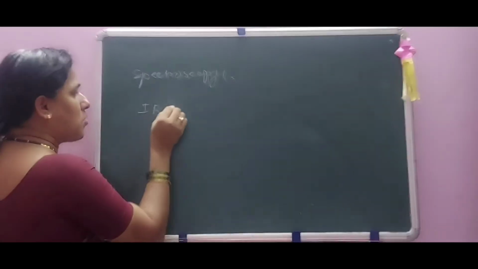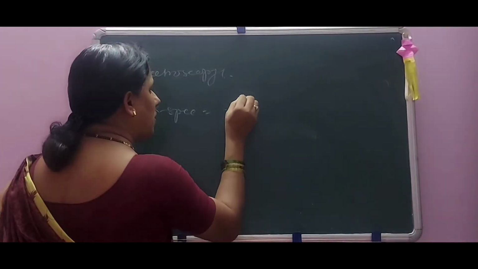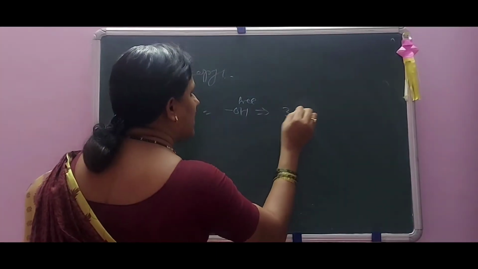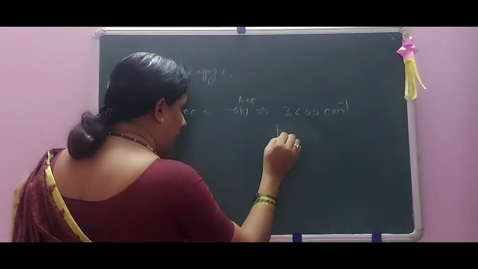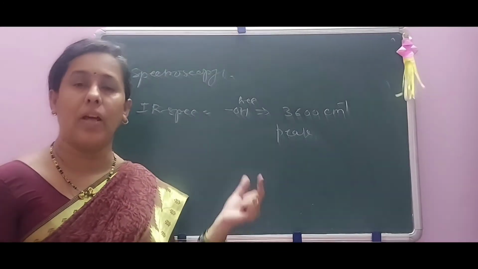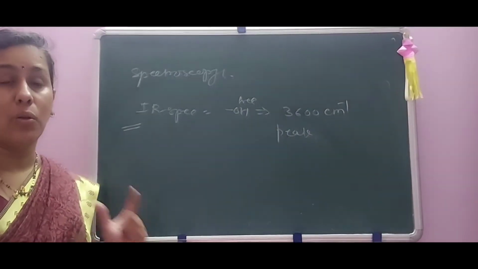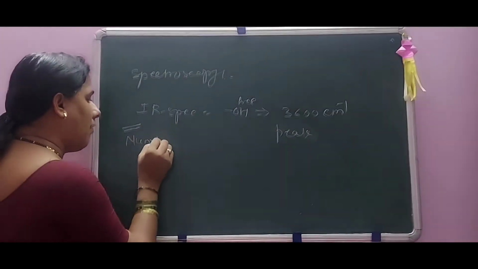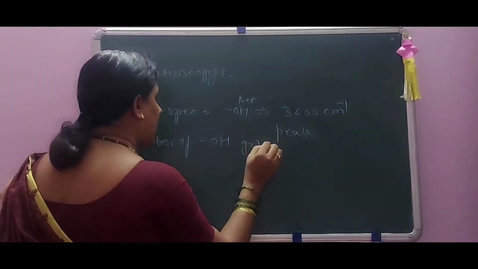By using IR spectroscopy, the OH group gives rise to a vibration peak at about 3600 cm inverse, confirming the presence of an OH group. Now this is about the presence of an alcoholic group. Now how to calculate the number of alcoholic groups?